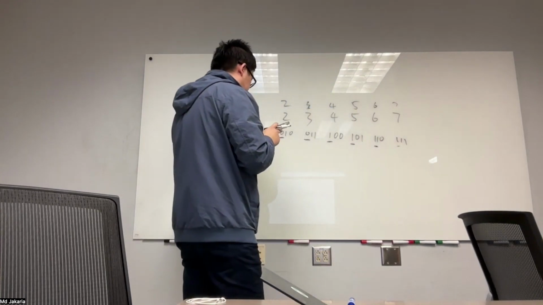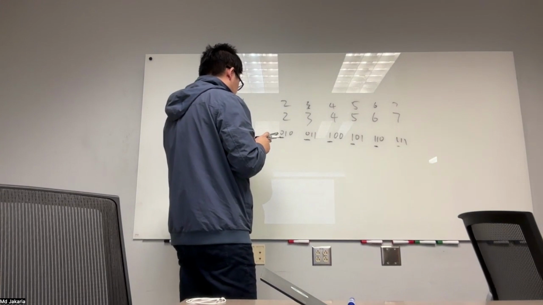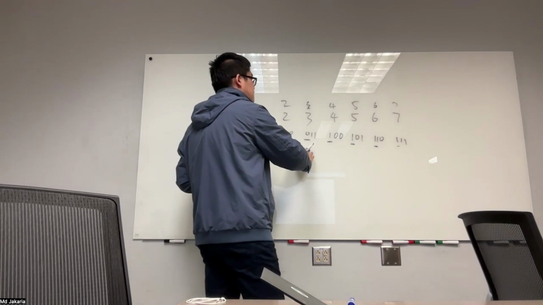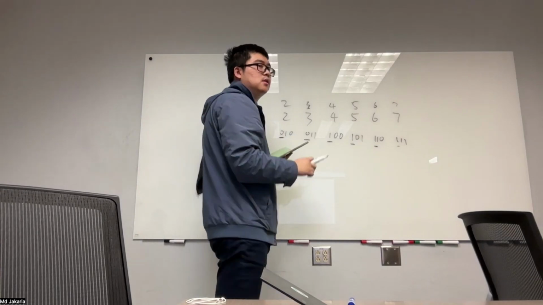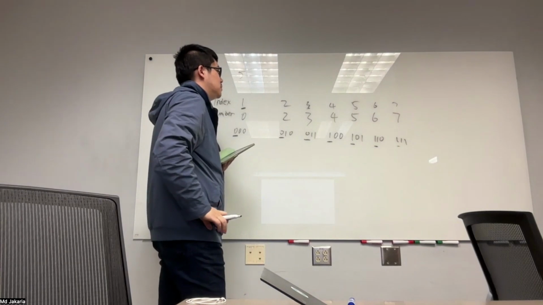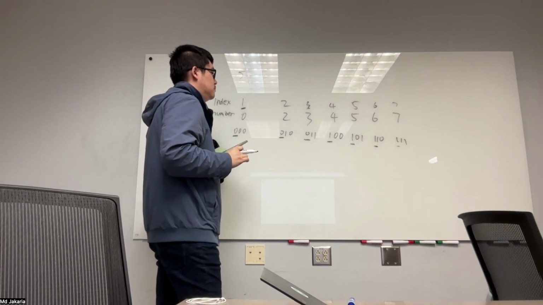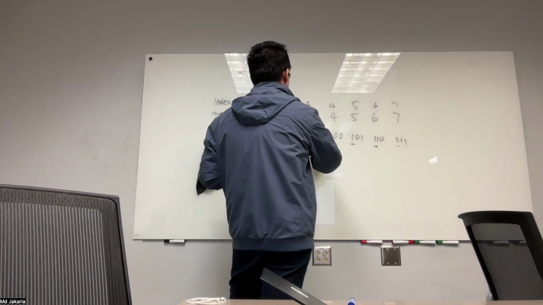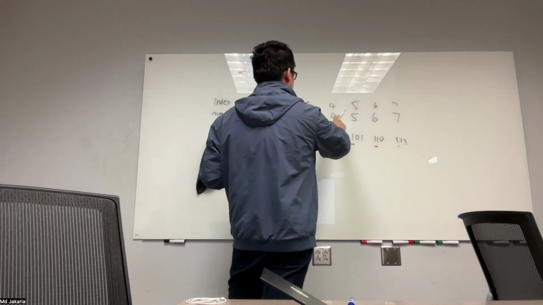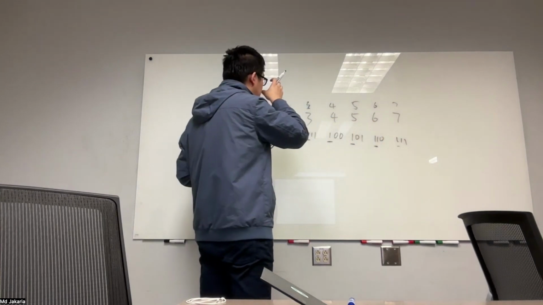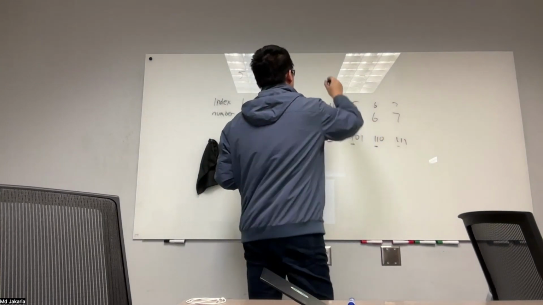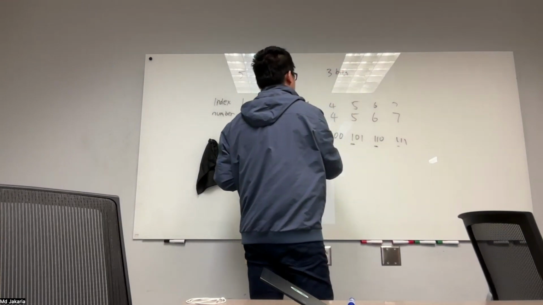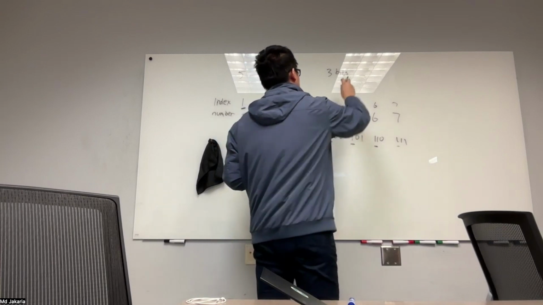The problem doesn't really say that the total number of elements is a power of 2 minus 1, but we can probably assume that. So let's say this is a power of 2 minus 1. So we have 3 bits for these binary representations.